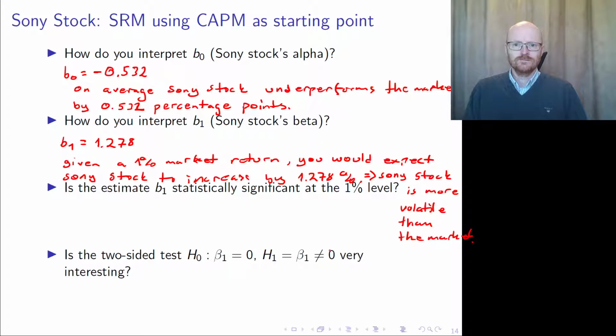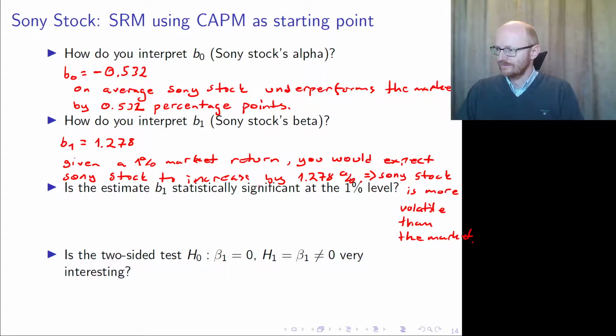Okay, and if you had a -1% market return, you would expect Sony stock to decrease by 1.27%. Okay, is the estimate B1 statistically significant at the 1% level?